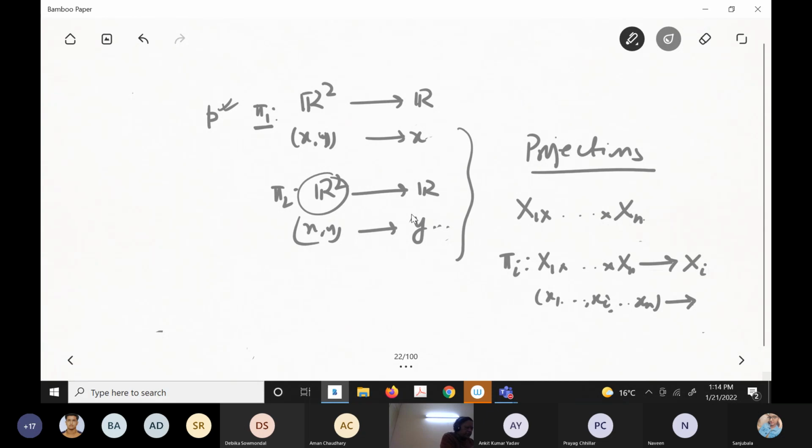That is homeomorphic to the x-axis. This is the projection to the first coordinate, x, and this is the projection to the y. Here we are taking xi, and it is called the projection to the ith coordinate.